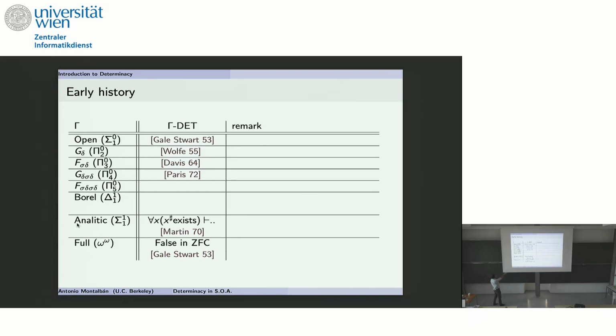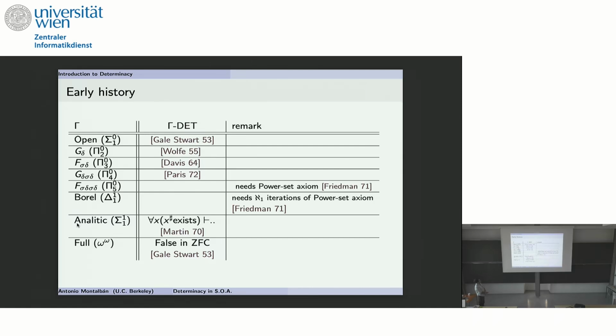And this is a pretty nice proof. This is fun. So Martin shows Sigma^1_1 determinacy, but now not in ZFC, using that sharps exist. He needs that for analytic determinacy. He needs to go a little bit beyond ZFC.